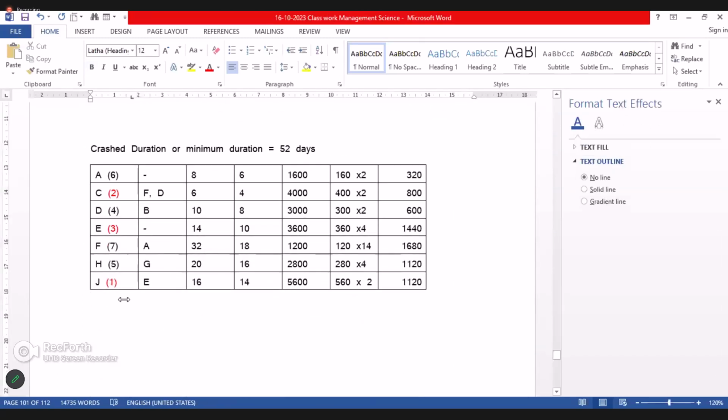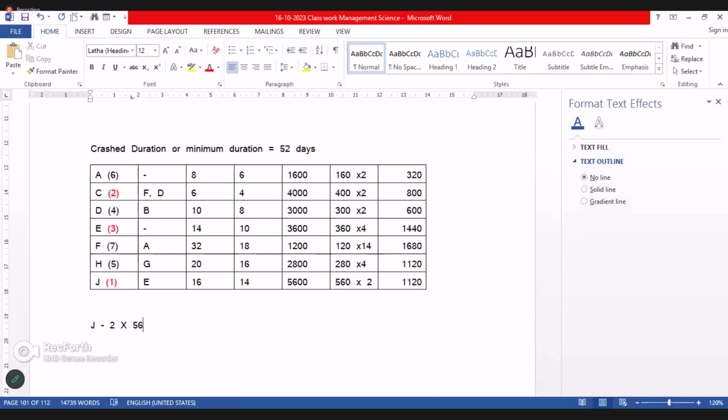So therefore, for the activity J, 2 days into how much? 560.